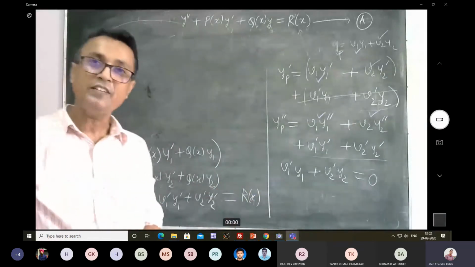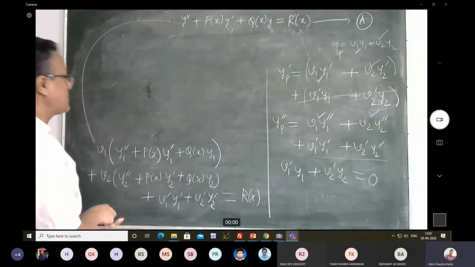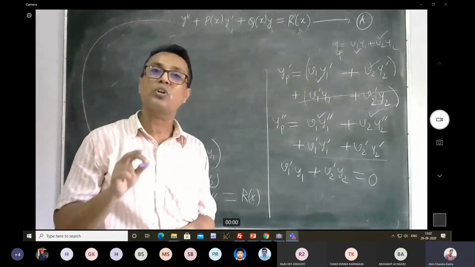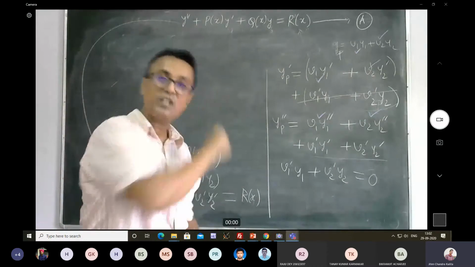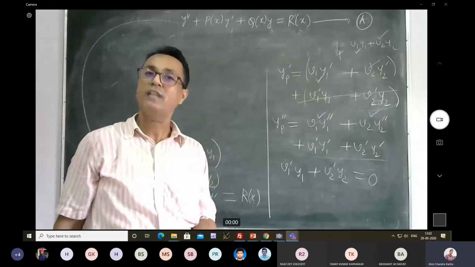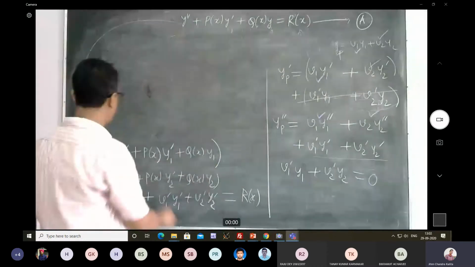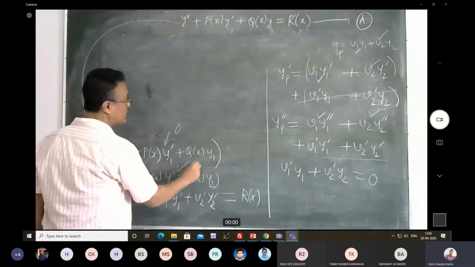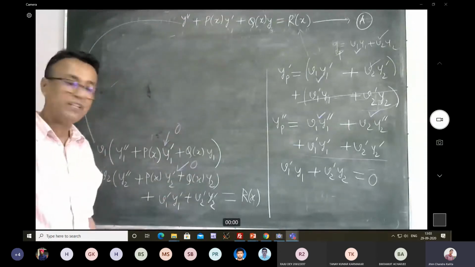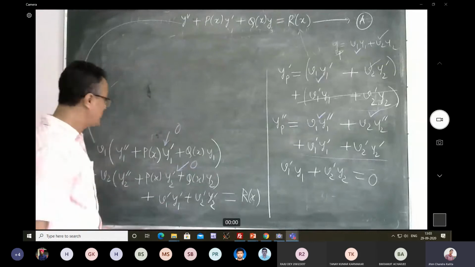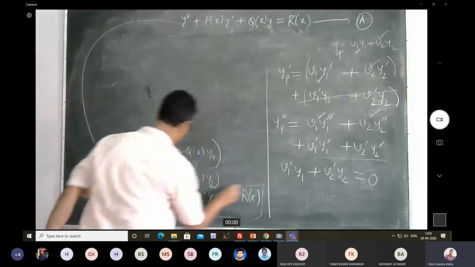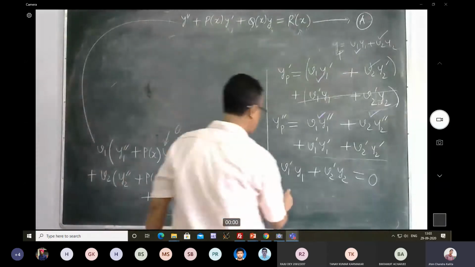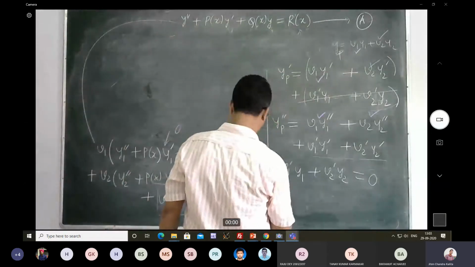As you know, y1 and y2 are solutions of the corresponding homogeneous equation of A, so this is going to give you 0, and similarly this is also going to give you 0. From there you are going to be left only with this. So that means you are going to be left with what?